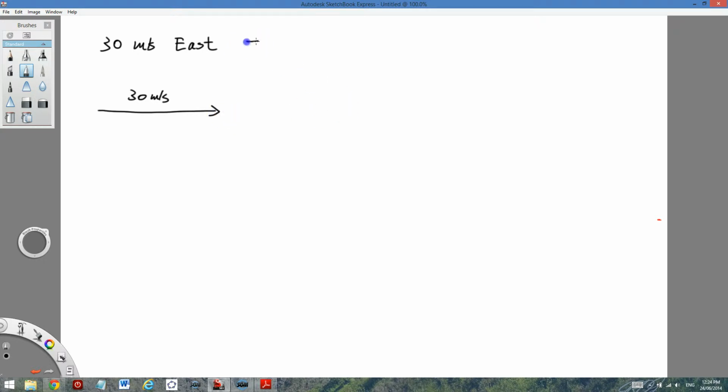Then if I add 40 meters per second south, it can be something like this. Then if I want to find the result of 30 meters per second east plus 40 meters per second south, remember, that's the initial point here.